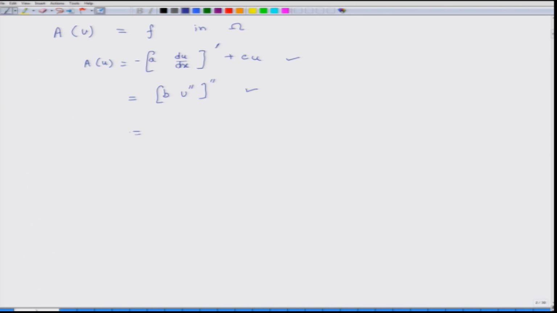Another variation of this A could be the derivative with respect to x of some constant k x times del u over del x, plus the partial derivative of some function k y times del u over del y.